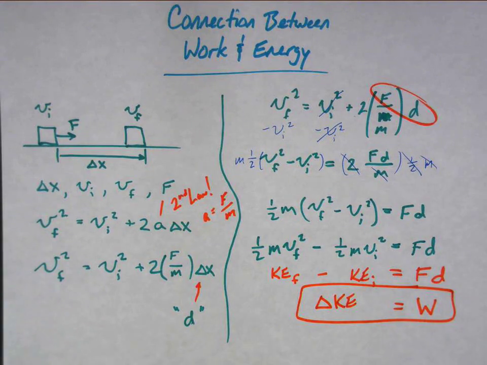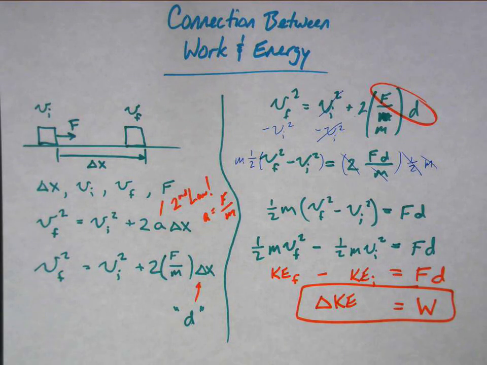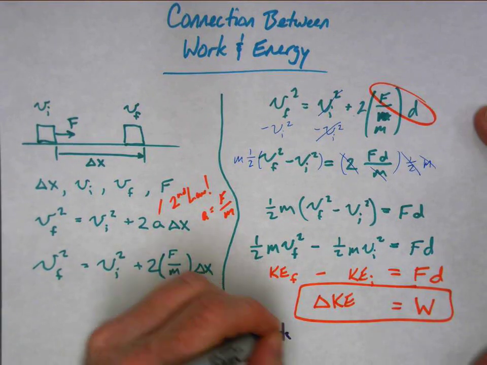And this right here, what we have found, now we'll really never have to do all this math again, but I like showing you how you get from A to B. What we have found is the connection between work and energy. This right here is called the work-energy theorem. It's got a name. It's pretty important.